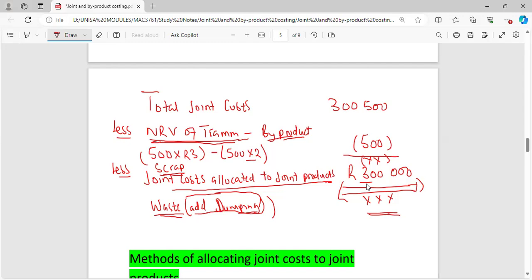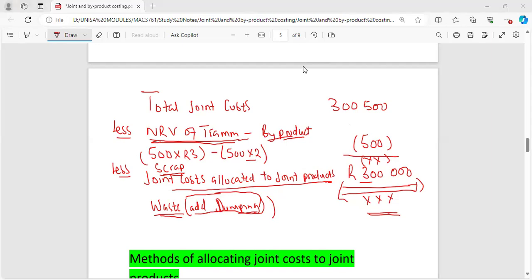It is going to be an advantage for them even to sell if there is a negative, because sometimes if they are not going to sell that scrap, it's going to increase more. So if they sell, the joint cost allocated to joint products will be increased by a smaller figure, with that difference, right?